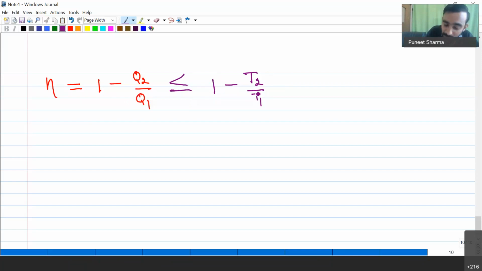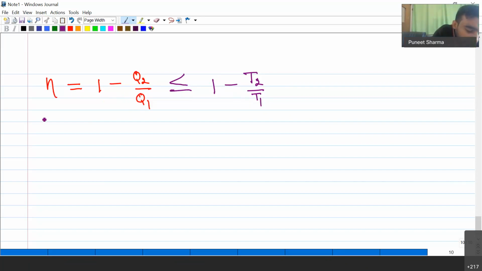That is the maximum possible efficiency, and 1 minus Q2 by Q1 will be equal to this reversible efficiency when the cycle is operating in reversible fashion. If any kind of irreversibility is introduced, then obviously 1 minus Q2 by Q1 will be less than 1 minus T2 by T1.